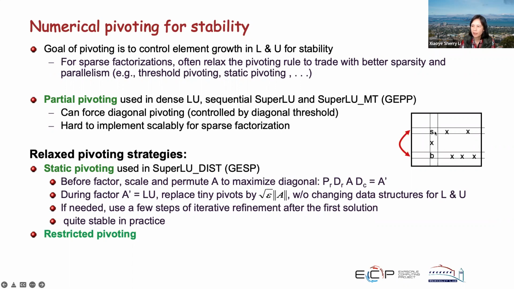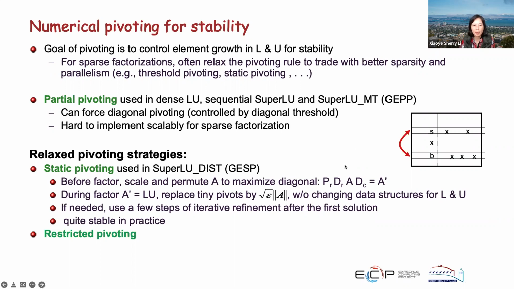If you use S as pivot, then you do the outer product of this row versus this column, and the impact on this row is that you generate two non-zeros here, because of these two entries. On the other hand, if you use B as pivot, then the impact on this row is that you generate three non-zeros. So at each step of elimination, depending on which pivot you choose, your sparsity pattern changes dynamically. And that's very unpleasant for the sparse case.